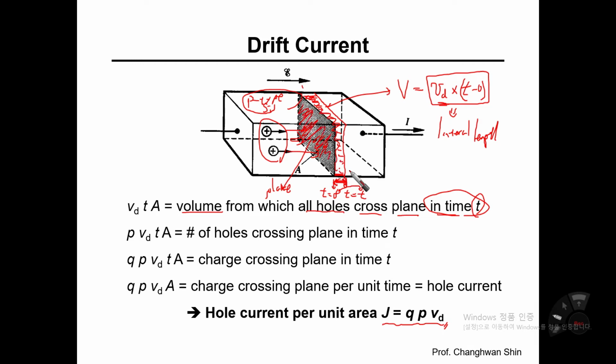The multiplication of this height and width becomes the cross-sectional area, the black colored plane's area. So we can simply multiply by the plane's area, and then we get the volume. So Vd times t times A. There we go, right? VdtA.